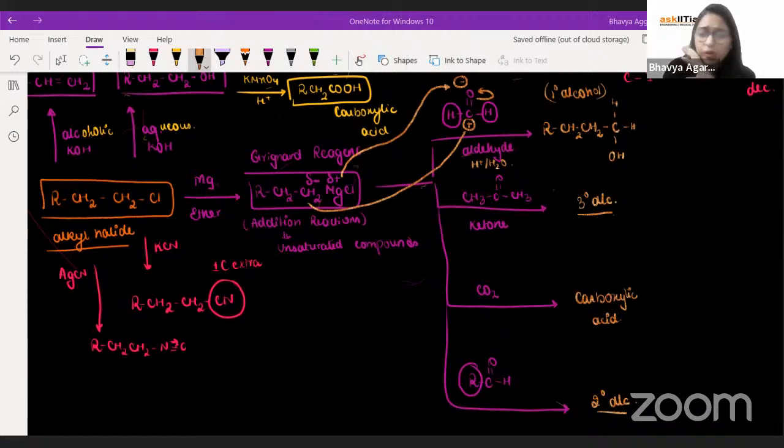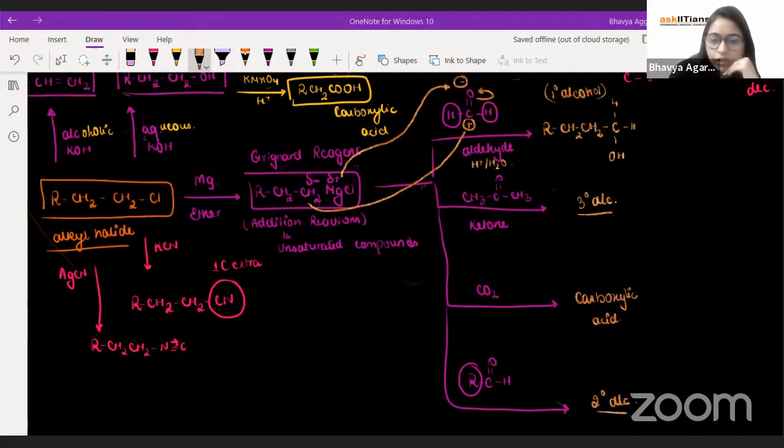If you want to know any mechanism or anything, just let me know. But this is how things are working. Yes. This carboxylic acid is being made because two OH are not stable on the same carbon. So two OH, or one F, or two NH2s, or OH and NH2, nothing like that is stable on the same carbon.